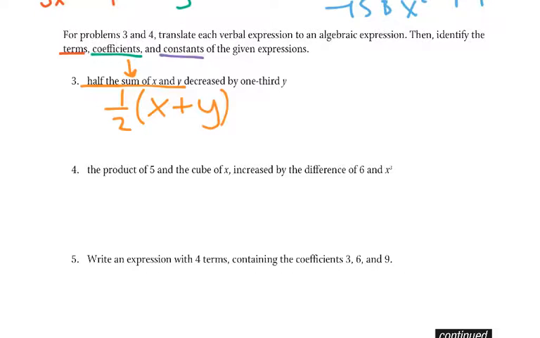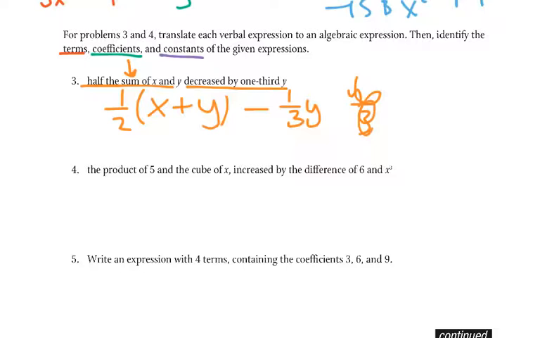And then it's decreased by 1/3 y. And I actually think, to me it sounds like this: decreased by 1/3 y. Decreasing and subtracting 1/3 y would be 1/3 times y, or y over 3. Same idea.